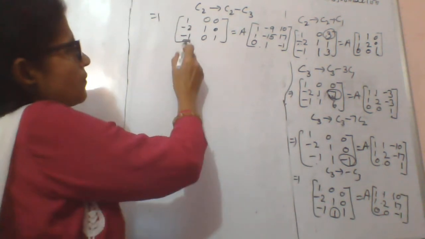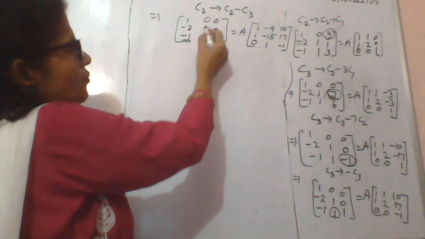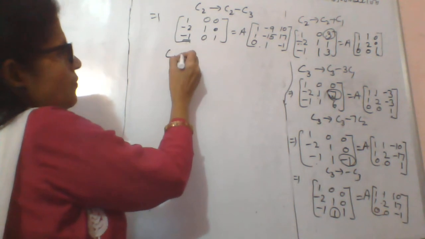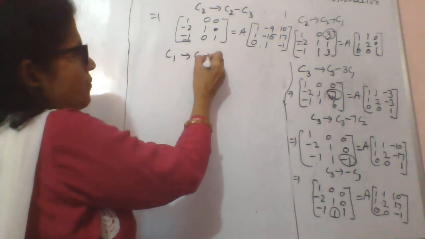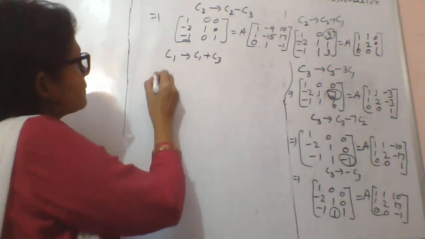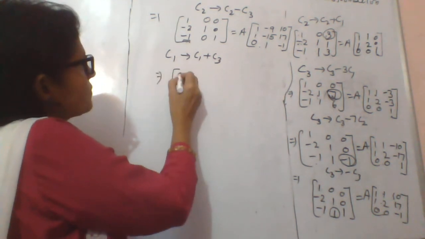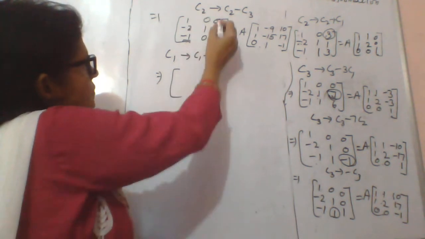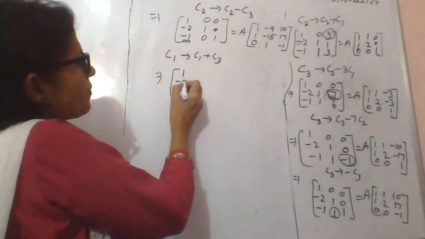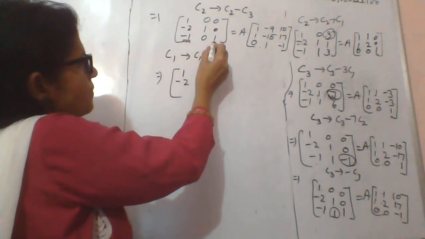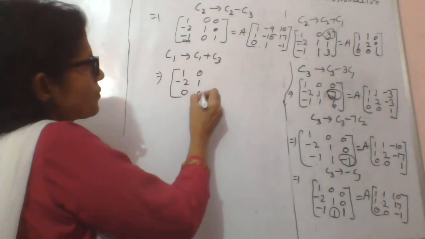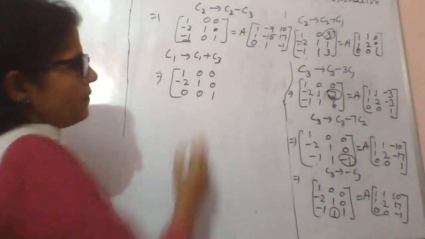Okay, we are getting 1, 0, 0, 1, 0, 1, 0. We want 0 here. So C1 will be replaced by C1 plus C3. Then only you can get 0 here. So this implies 1 plus 0, 1, minus 2 plus 0, minus 2, minus 1 plus 1, 0 here, 0, 1, 0, 0, 0, 1.